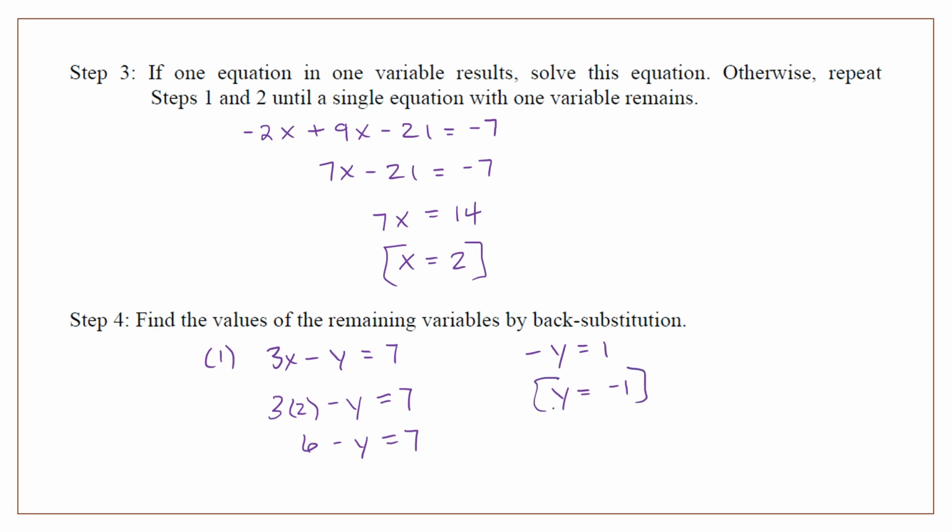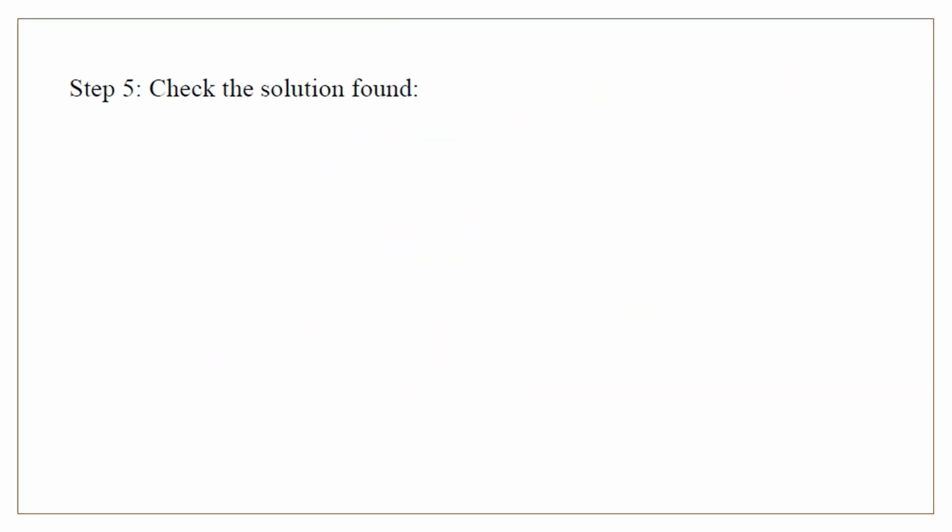Okay. So I have x equals 2 and y equals negative 1. Well, I know these are the solutions because I already graphed the system and I found these same coordinates as my solution. But algebraically, we can now substitute in this x coordinate and y coordinate to determine whether they are actually solutions.